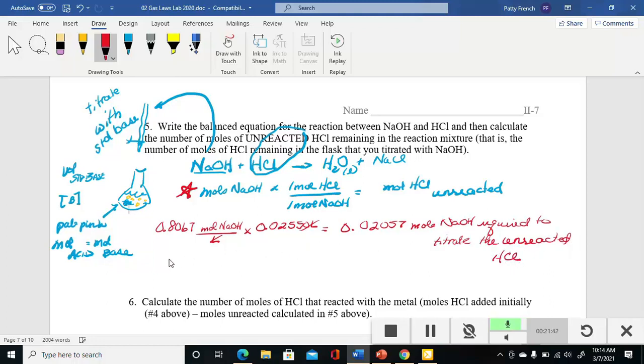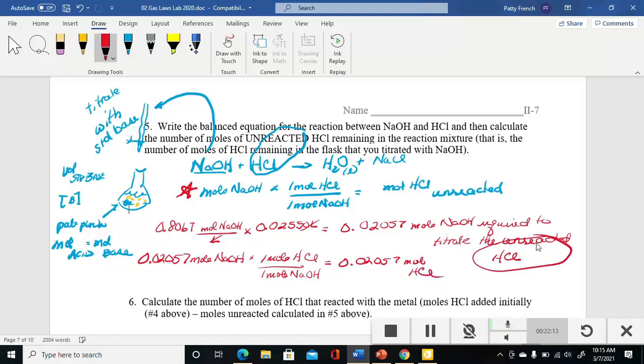So let's make that conversion. 0.02057 moles of NaOH times that molar ratio, 1 mole of HCl per 1 mole of NaOH, equals 0.02057 moles of HCl that were unreacted.